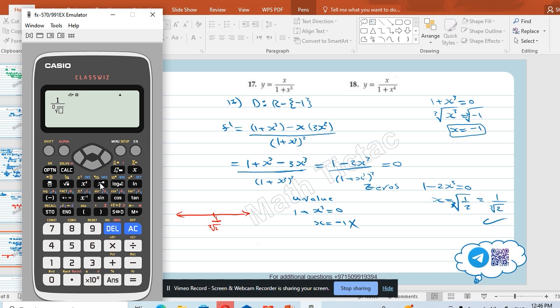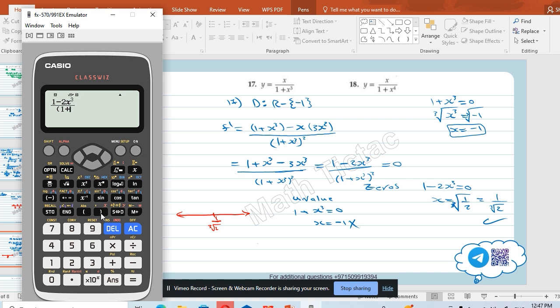So I'll take a value to the right and substitute it. Of course, I'm not substituting in the original function, I'm substituting in the derivative: 1 minus 2x cubed over (1 plus x cubed) all squared. Let's calculate at a value greater than, let's take 6.